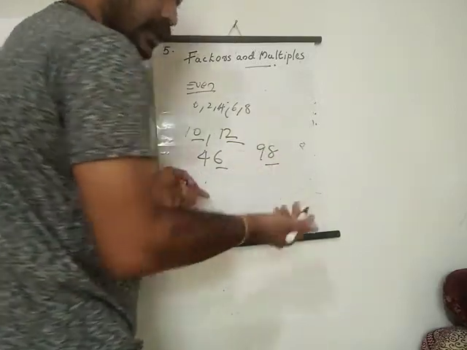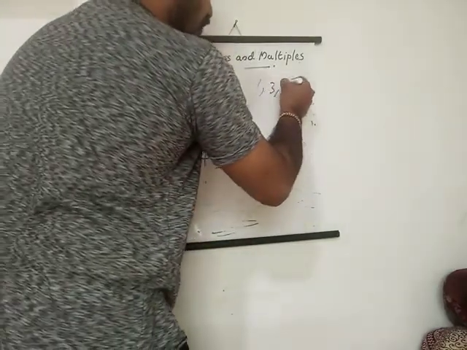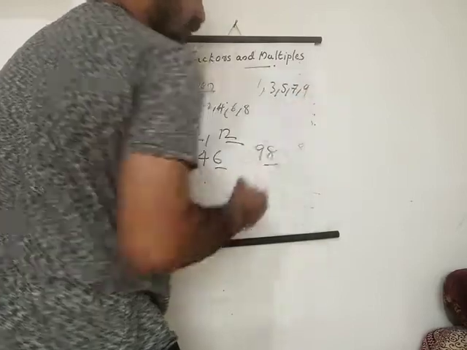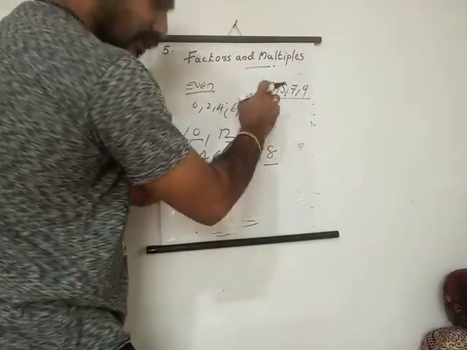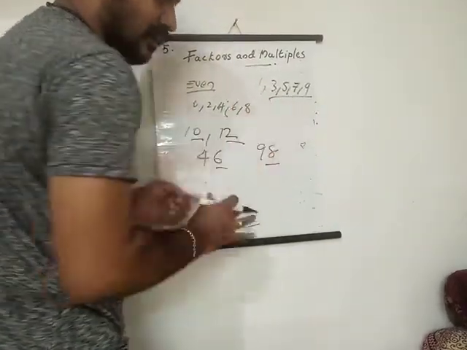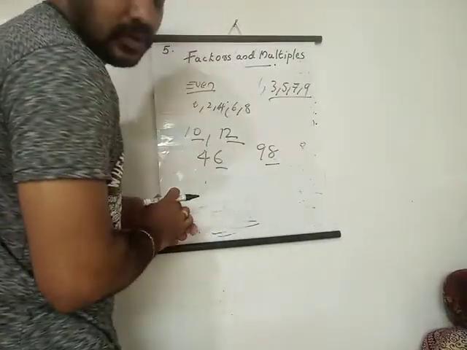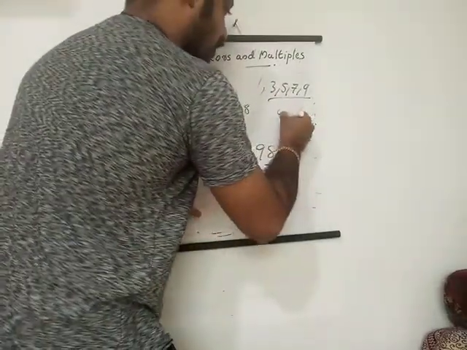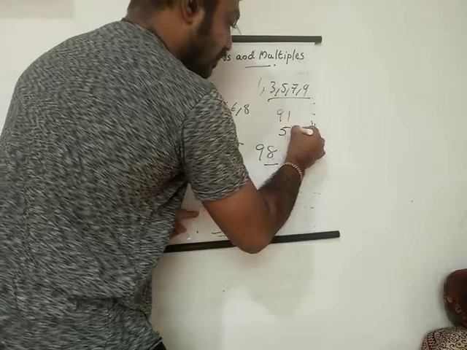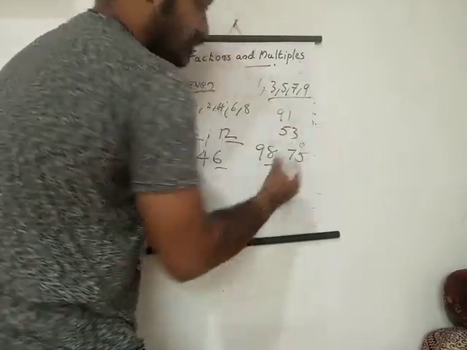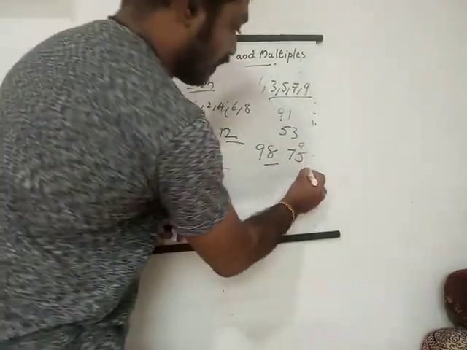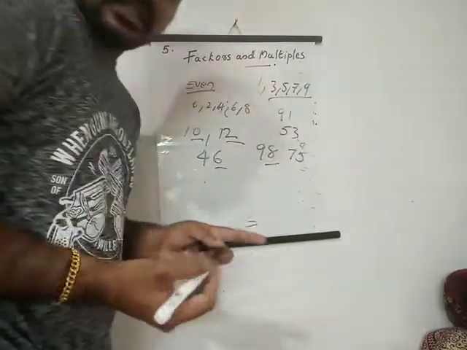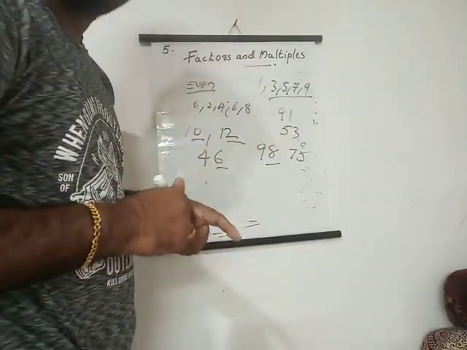Numbers ending with 1, 3, 5, 7, 9 are odd numbers. For example, 91, 53, 75. These all end with 1, 3, 5, like that. That is called odd numbers.